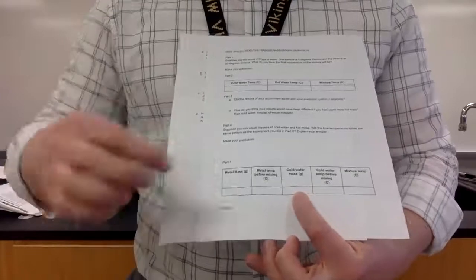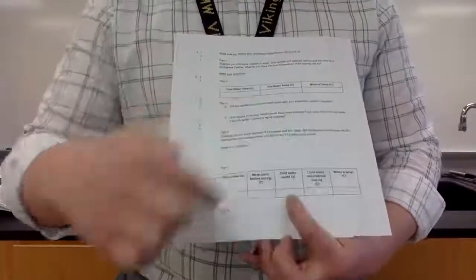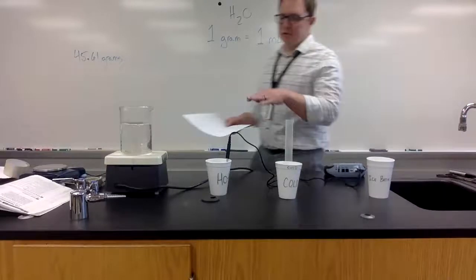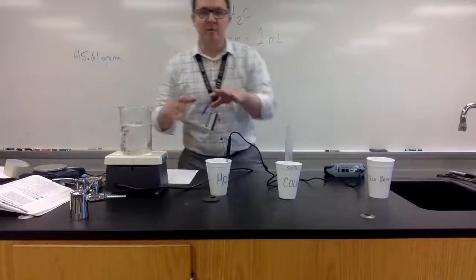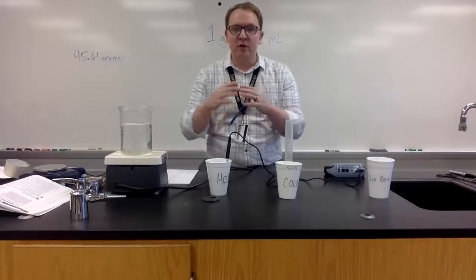So now let's get the temperature of the metal mixture and the temperature of the cold water, and then we're going to put those together. I've got the temperature sensor in my hot water right now. Remember, the hot water and the metal cube have been in contact for a couple of minutes. So we're going to make the assumption that the metal cube heated up and the temperature of the hot water dropped a little, and they are now equal to each other.